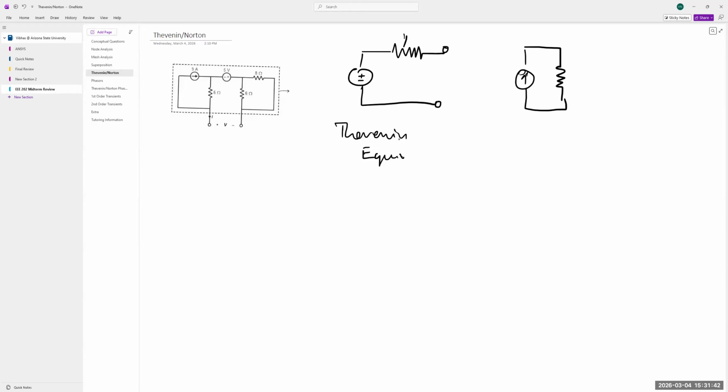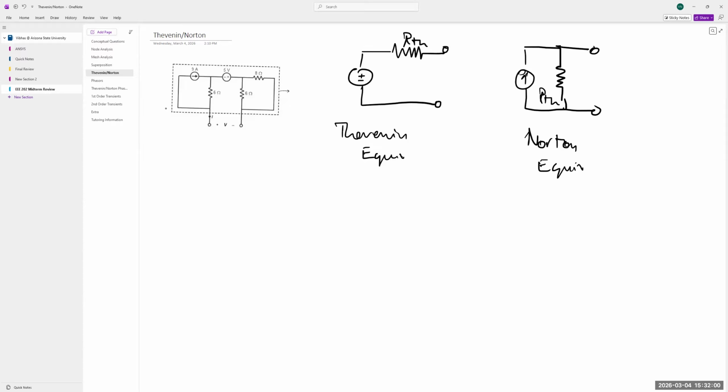In both cases, the resistance is the same. It's called RTH. This is the Norton equivalent circuit. So the question is asking us to reduce the circuit we're given into either one of these.